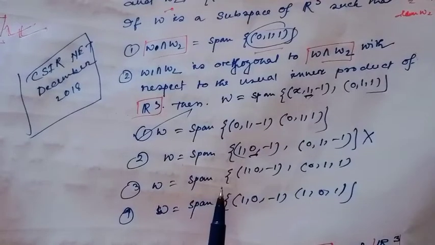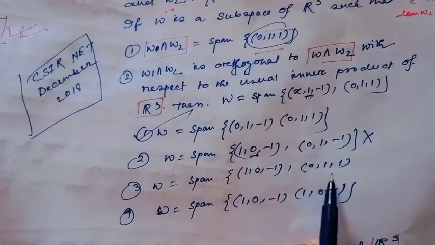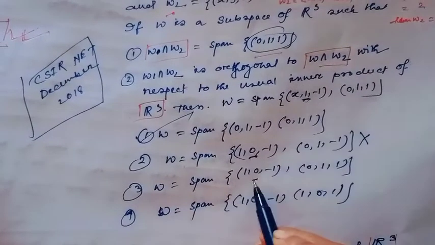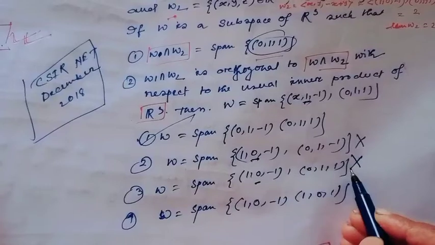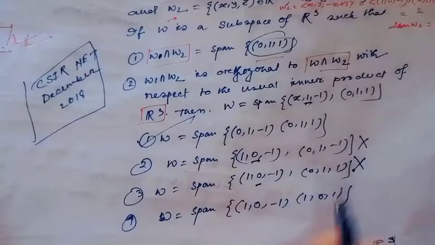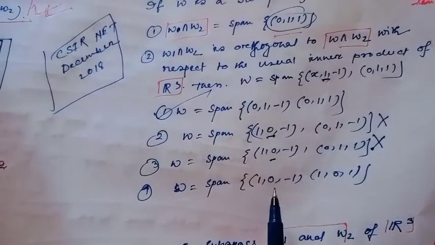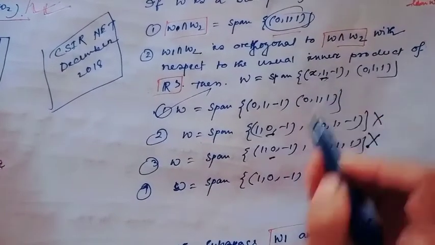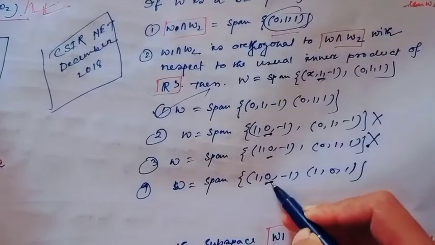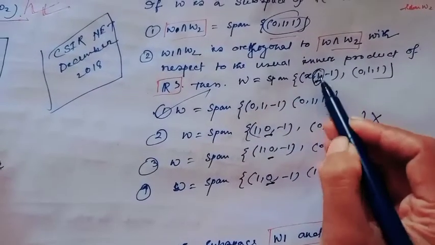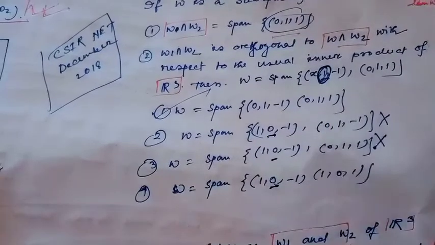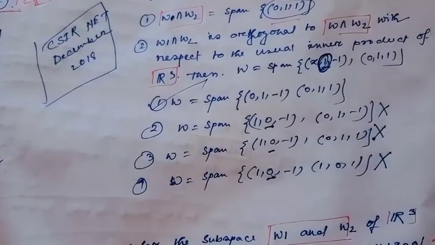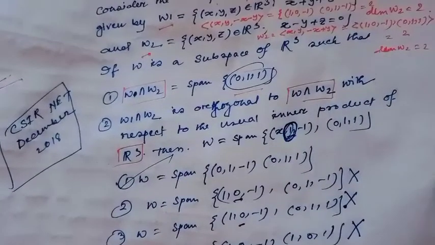The third option, W spanned by these two vectors: here also 0, so this is also not possible. Option 4, W spanned by this vector: here also 0, because 1 always would be there. So the fourth condition is also wrong. Only option 1 is the right option.